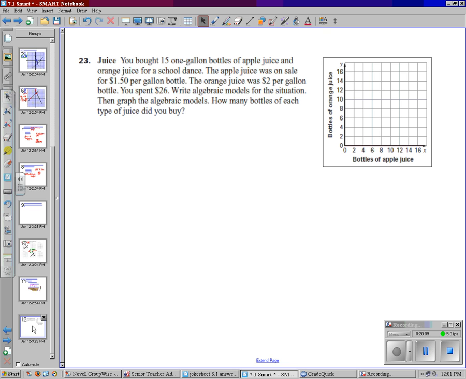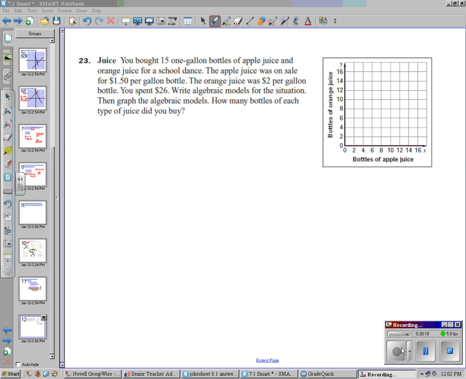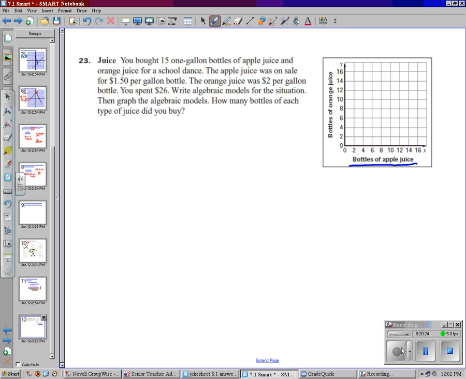Talk to your partner, come up with the two equations, will you please? So let's talk a little bit so that you can start figuring out these equations along the way. First of all, what does X refer to? Bottles of apple juice. So perhaps a good thing with linear systems is to write down what the variables actually refer to.